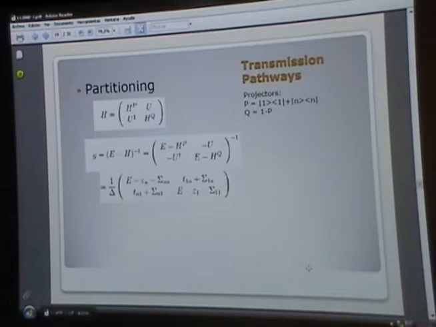This sequence of quantum dots describes a path, or 1, 4, 3 is another path, or you can have a path passing through the quantum dot molecule, for example, 1, 2, 4, 3, and going to the right electrode. So we have in this case 4 different paths, which correspond simply to the application of this partitioning technique. So it's a mathematical trick, but it's good to have some intuition of the pathways for the system.